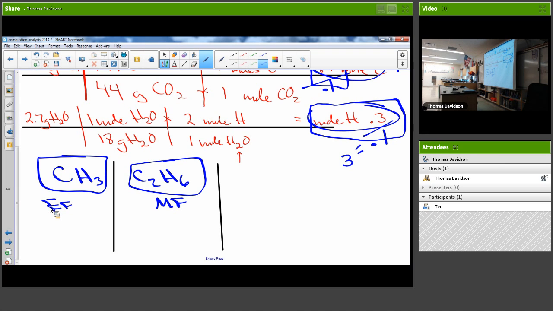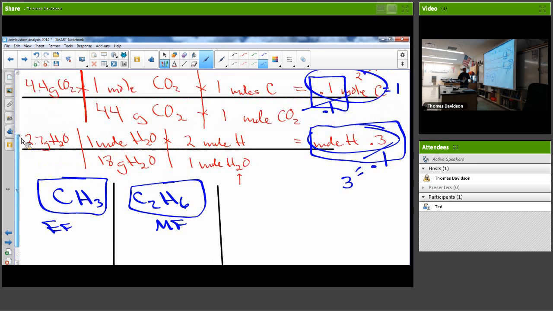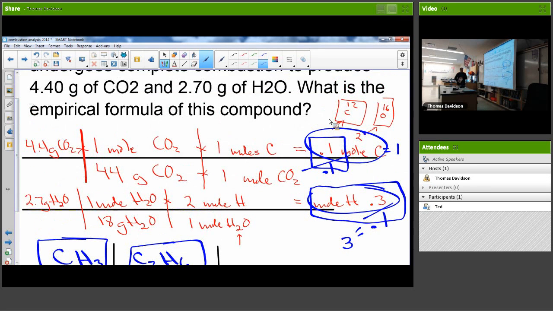Now, by the way, it's super simple to find this. All that we would do, if we wanted the molecular formula, there would be one more sentence up here. The rest of the problem would say, in a second experiment, the molar mass of this substance was found to be 45 grams per 1 mole. So it would have to give you that.